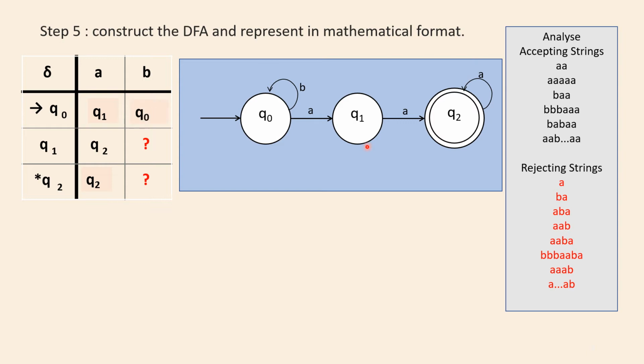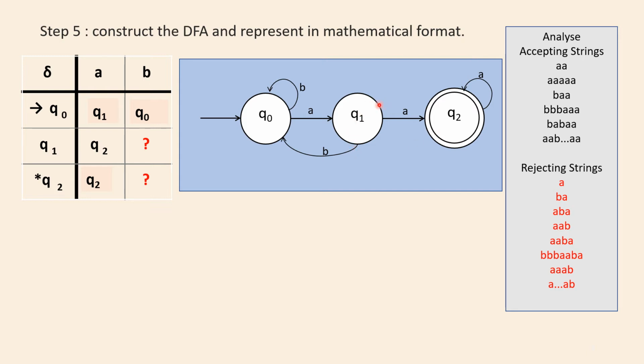So instead, I will give back B to Q0. So if I have A, B, A, it is in a non-final state. So A, B, A is in Q1, which is a non-final state. Therefore, the string is being rejected. If I have A, B followed by n number of B's, it gets looped in Q0 and A is being accepted.